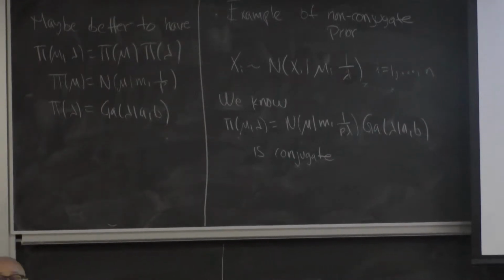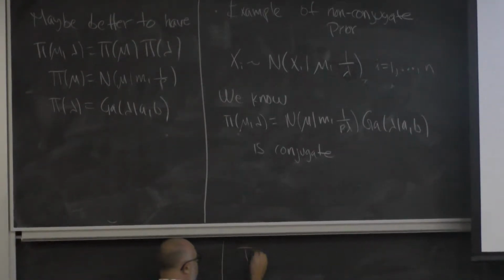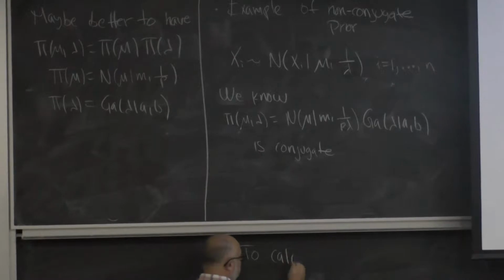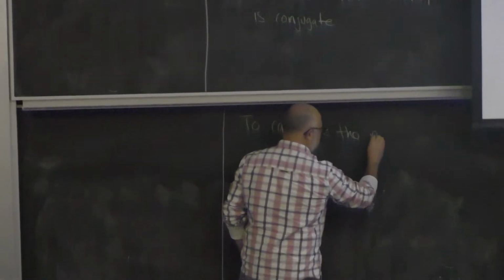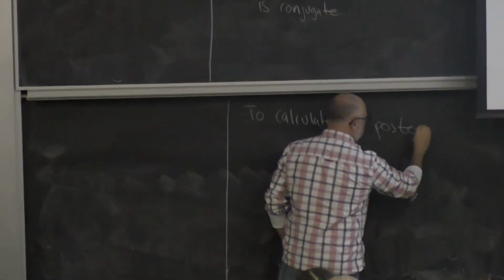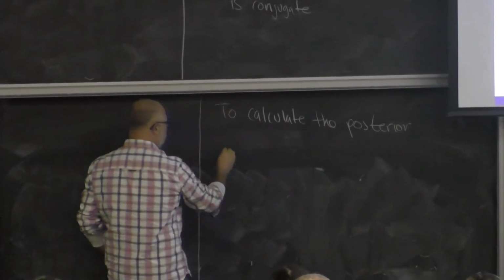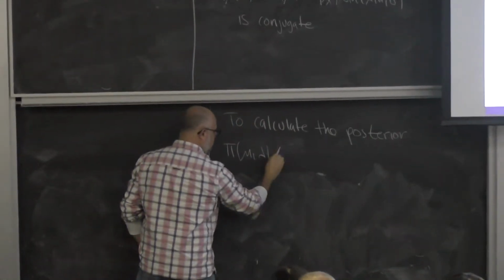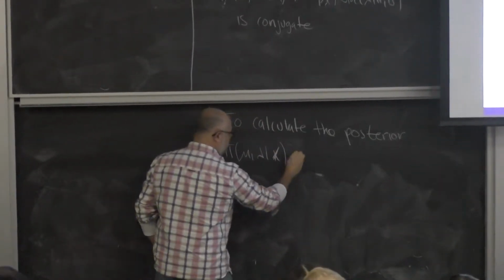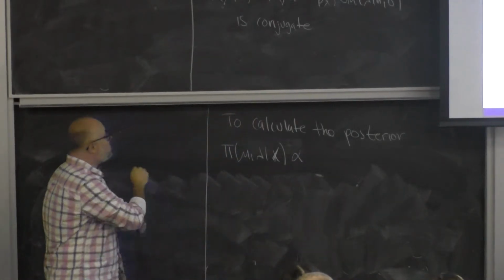So if we want to calculate the posterior, it will be proportional to the likelihood.